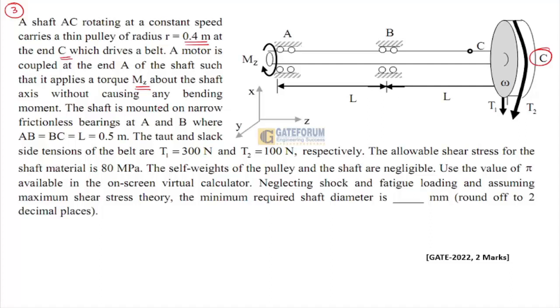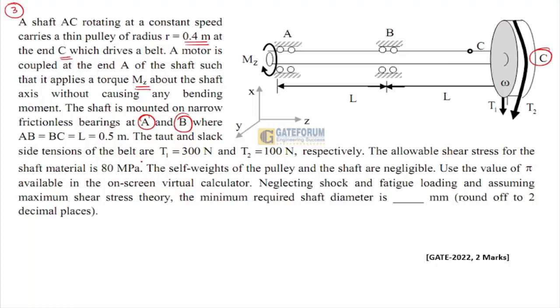The shaft is mounted on narrow frictionless bearings A and B, where AB equals BC equals L, that is 0.5 meter. The taut and slack side tensions of the belt are T1 equal to 300 Newton and T2 equal to 100 Newton respectively.